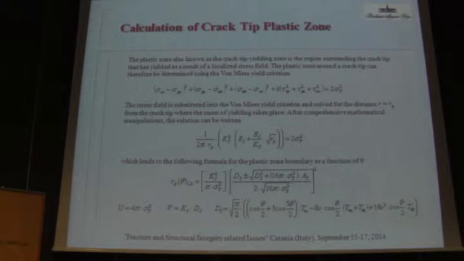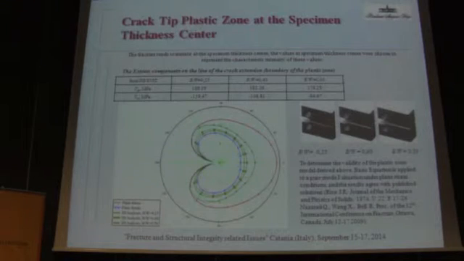And the second term is a correction factor which reflects the effect of in-plane and out-of-plane constraint parameters as well as angle. Now I would like to concentrate your attention on the obtained theoretical results, which describe the shape and size of the plastic zone.